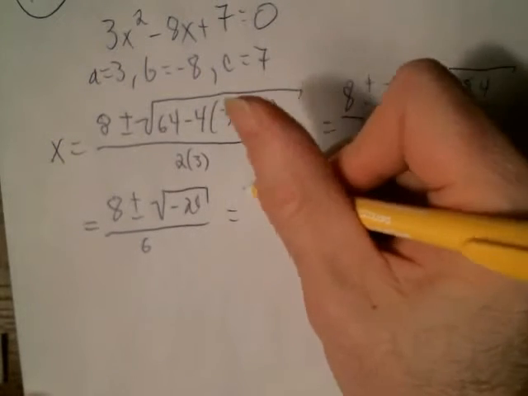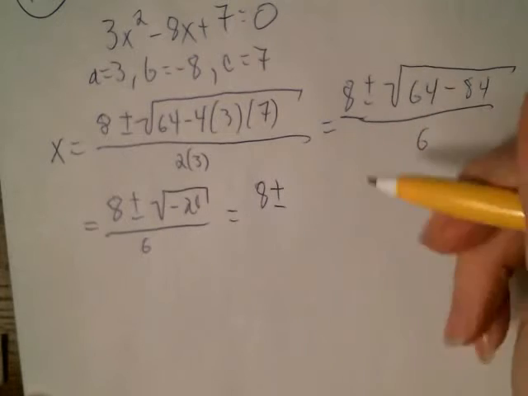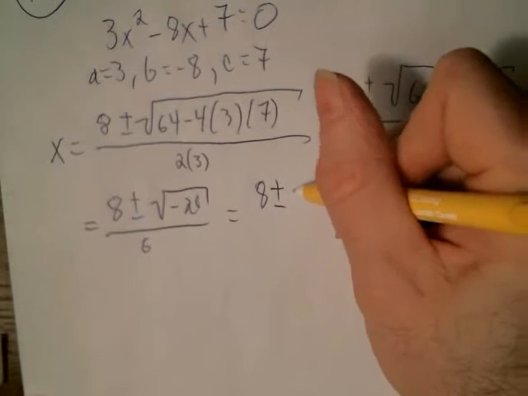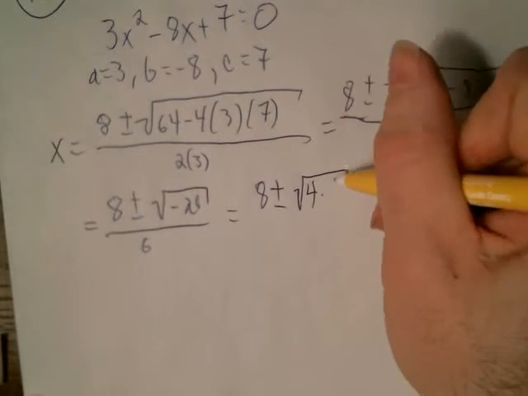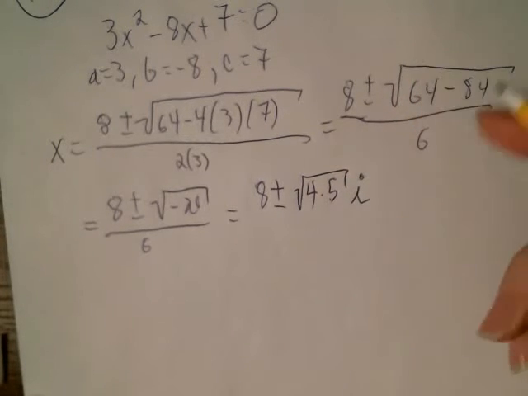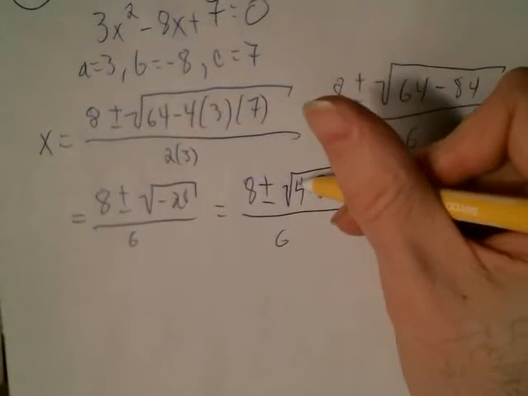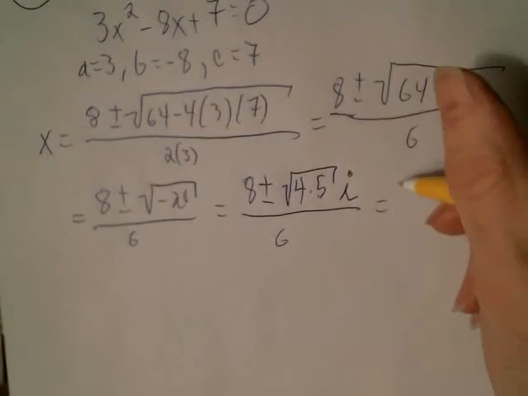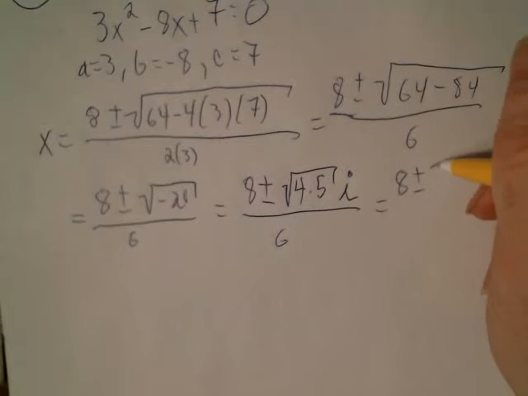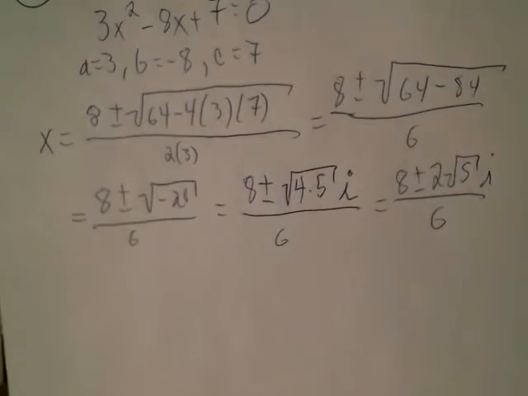We can march the perfect square out the front door. I'm going to take the imaginary guy out back. So it's going to be square root of 4 times 5 times square root of -1, which is i, over 6. Square root of 4 is 2, so 8 plus or minus 2 square root 5 i over 6.